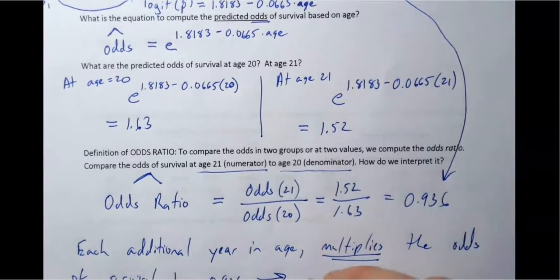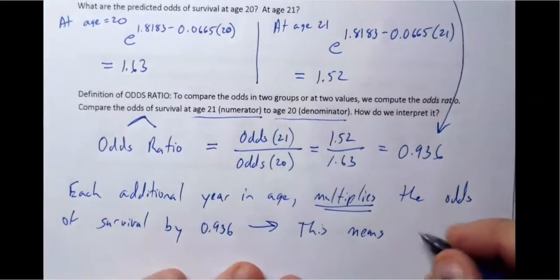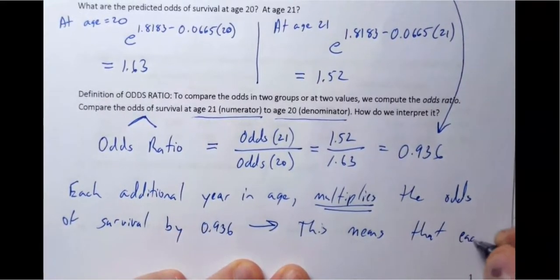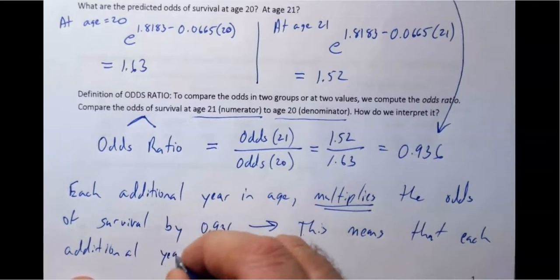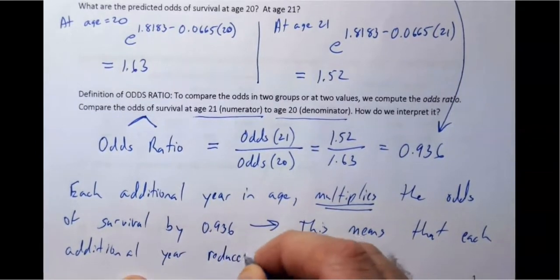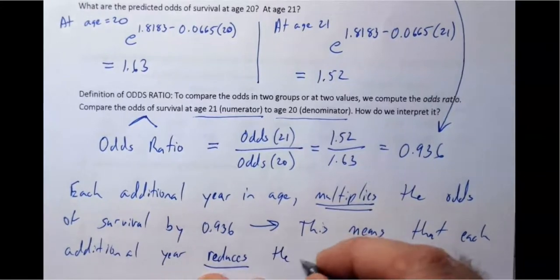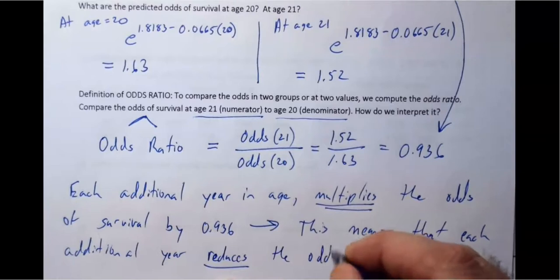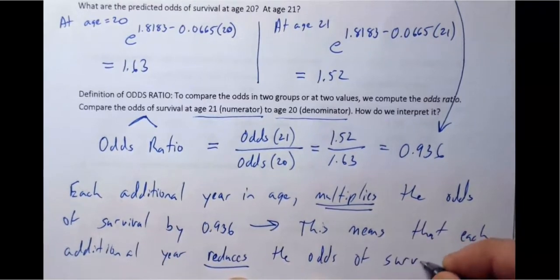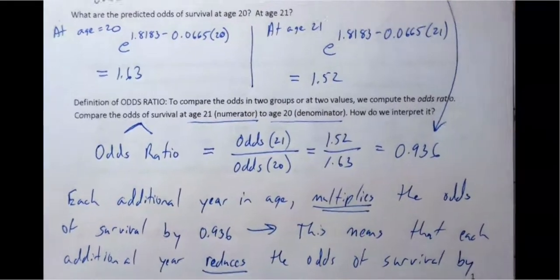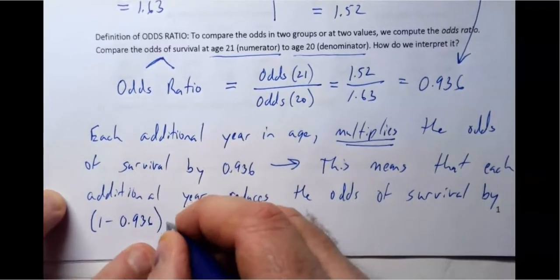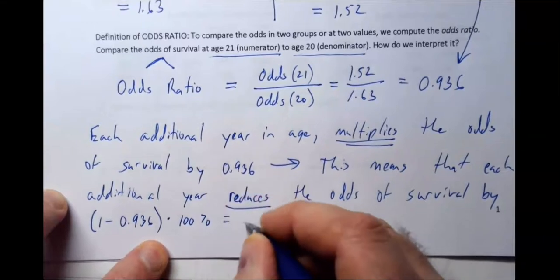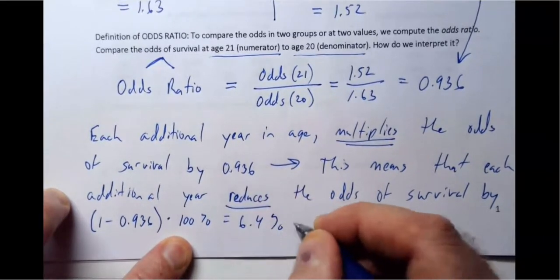0.936. So what does that mean? This means that each additional year reduces the odds of survival by, we can do this calculation, 1 minus 0.936 times 100%, or 6.4, it's about 6.4%.